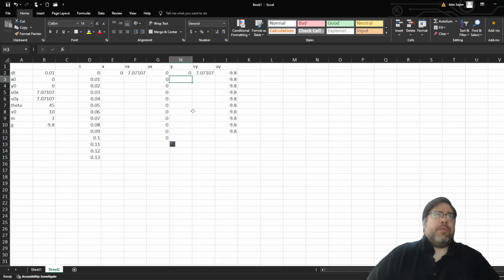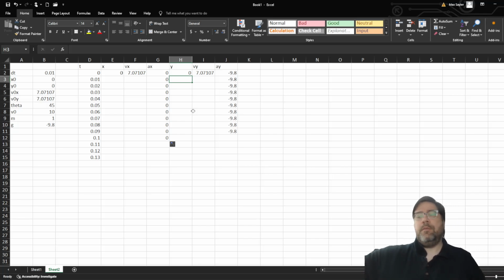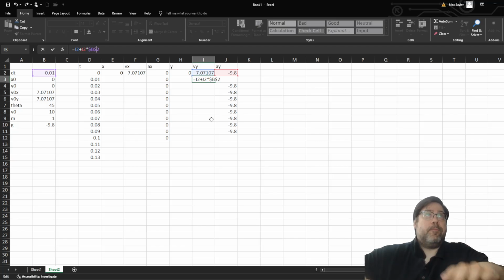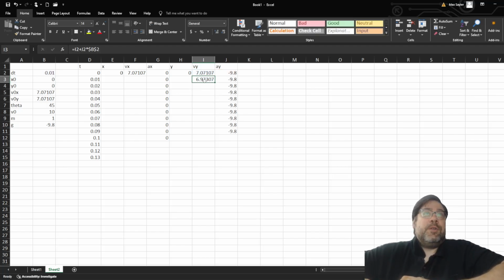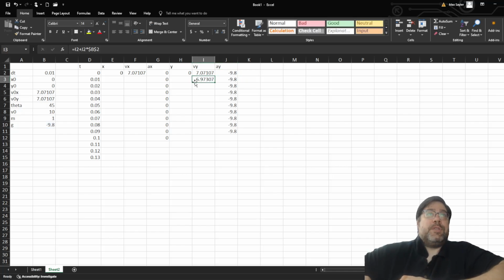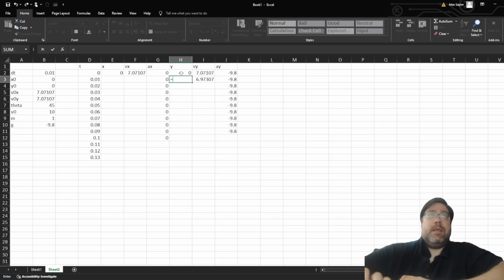And now we can deal with the velocity and the position. The velocity in y just equals the previous velocity in y plus the acceleration times delta t. Again, the new velocity equals the old velocity plus the acceleration times delta t. All right. The new position equals the old position plus the velocity times delta t.